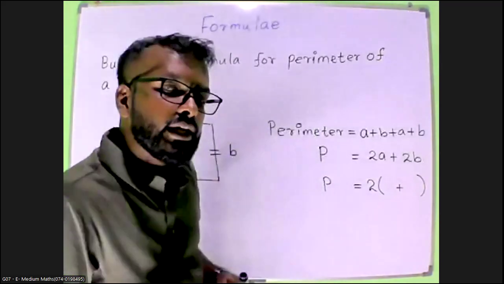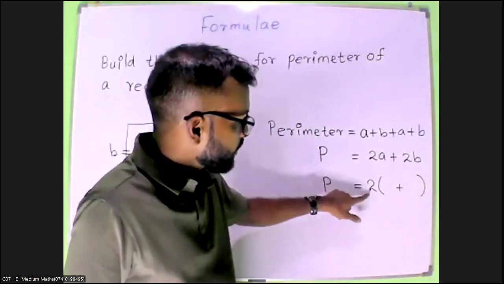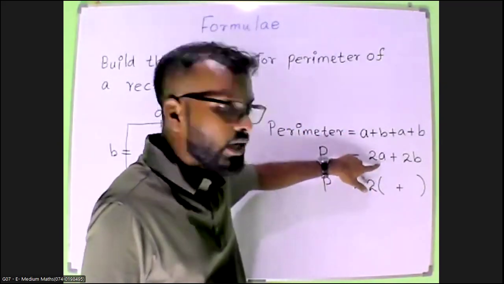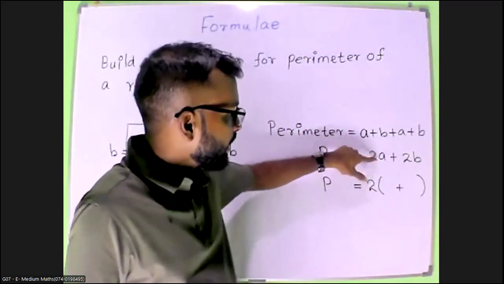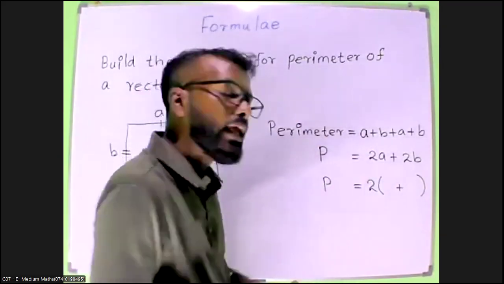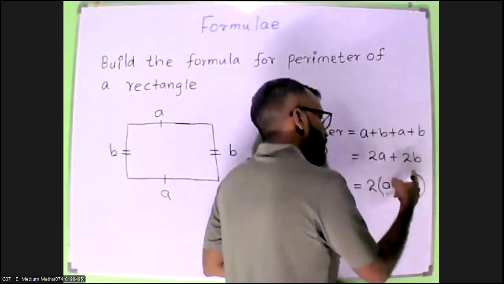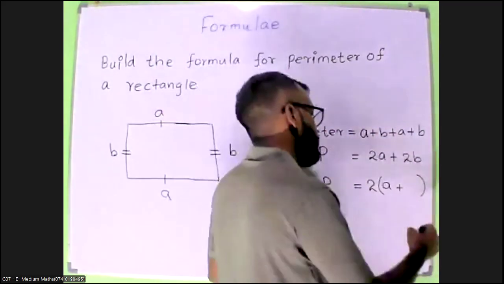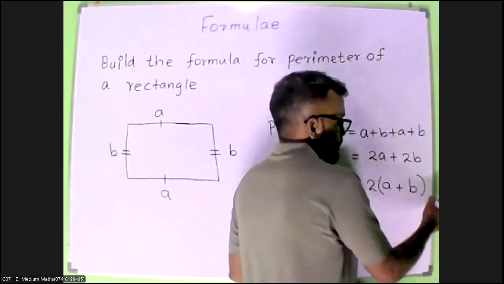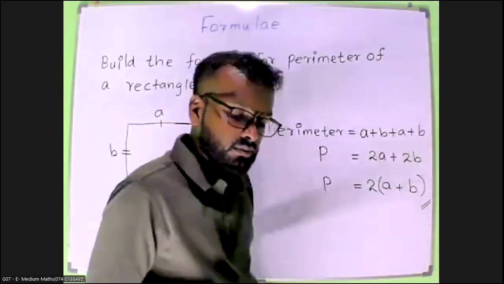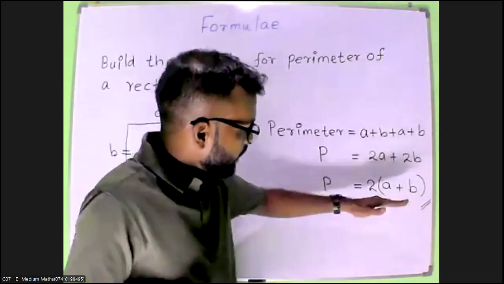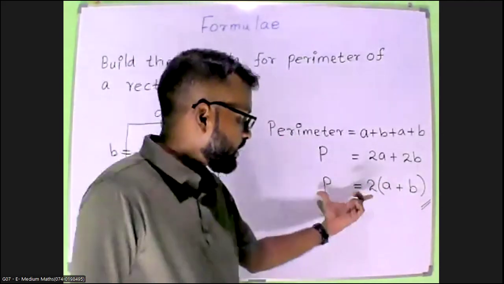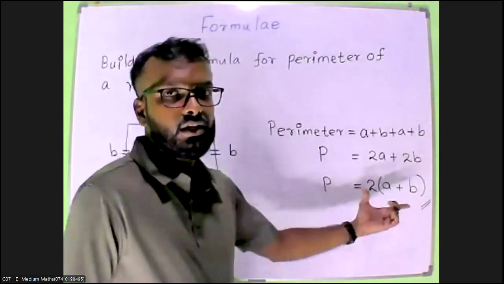Now, what are the remaining terms? If you take this 2 out, from this one remaining is A, from here remaining term is B. So this one is also correct. Please write down. If you didn't write, please write.